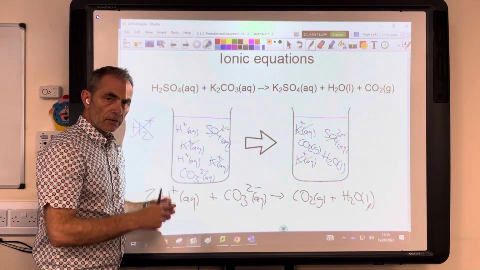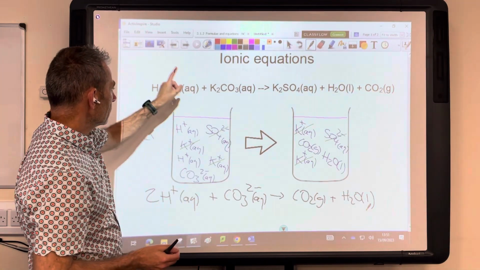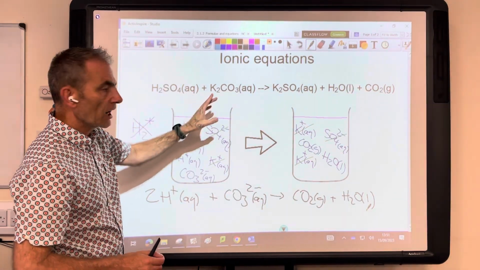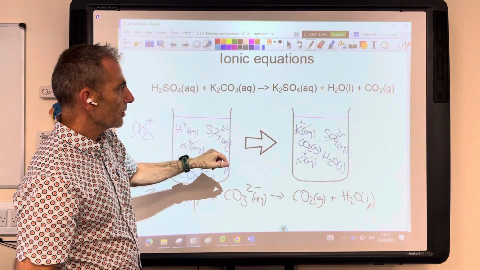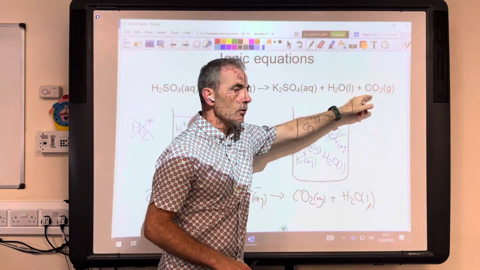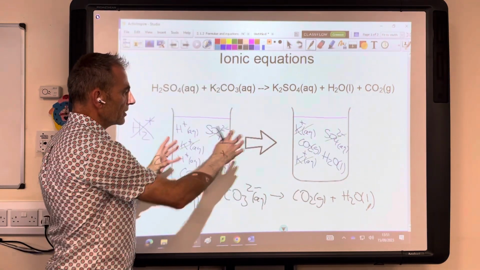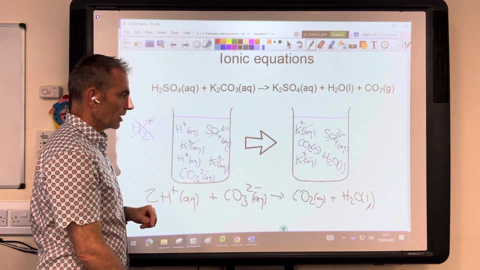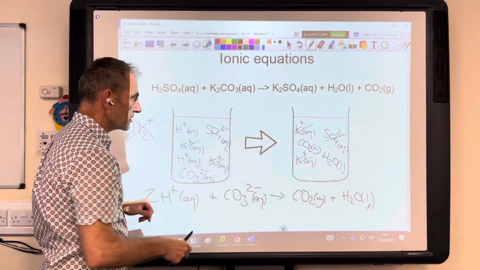Okay, so the rule again, if it's aqueous, show the ions. If it's a solid, liquid or a gas, leave it alone. Hopefully the visualization will help you make more sense of those.